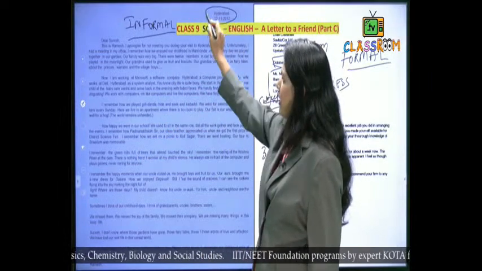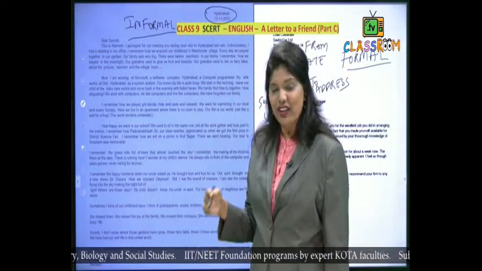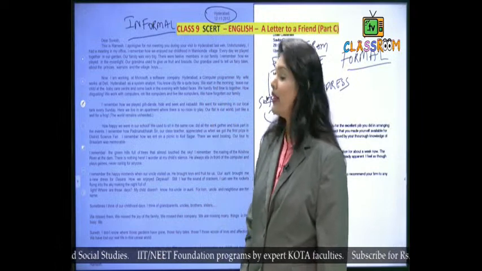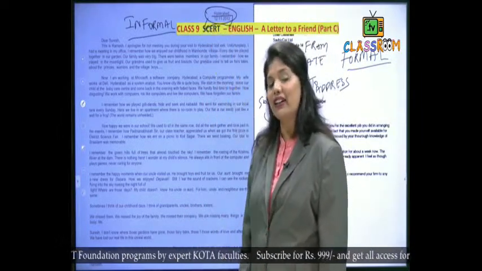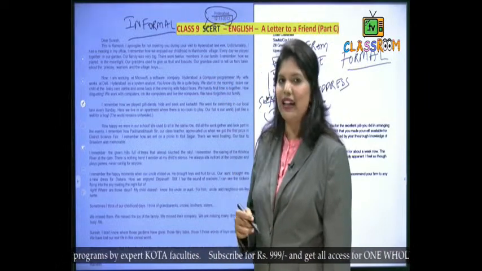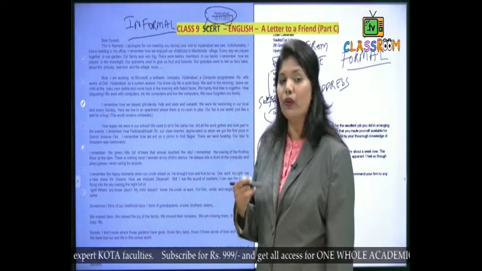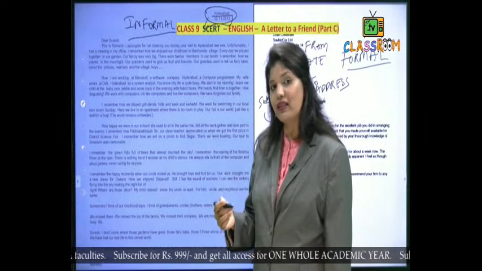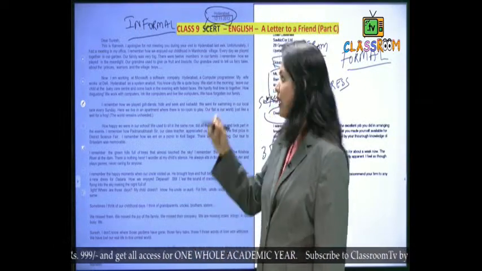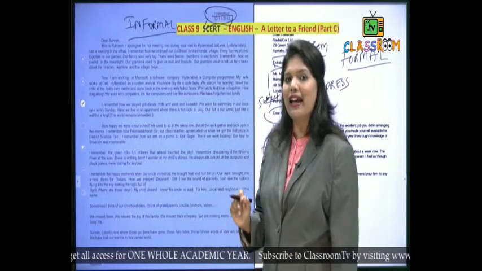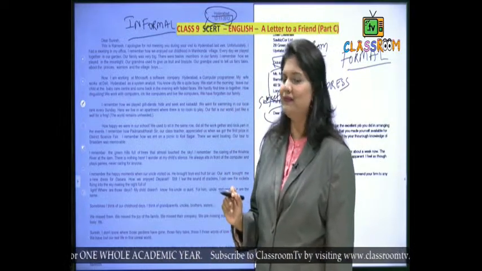We just have Hyderabad, the name of the place that you're writing from, and we have the date. Name of the place and date. These two are very important. Though it is an informal letter, you must still go ahead and write name of the place and date.